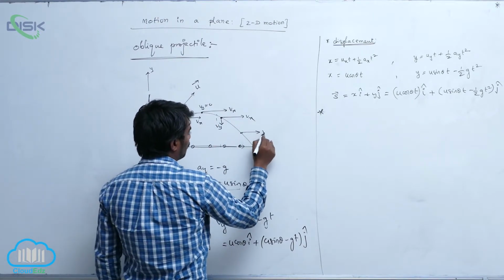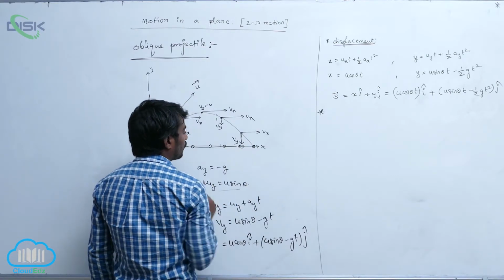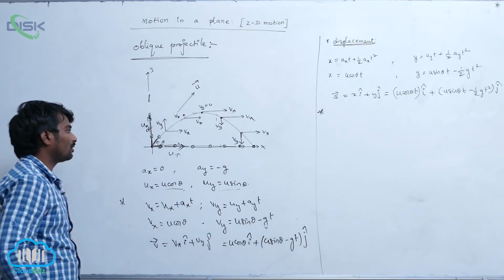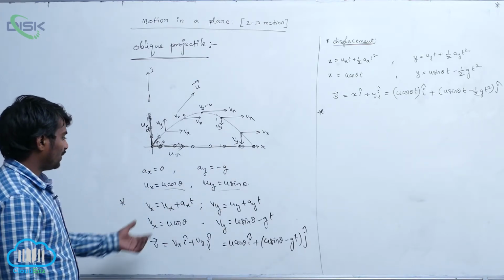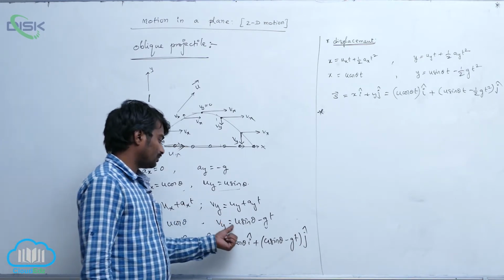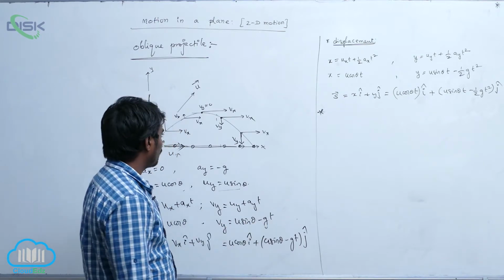Now this is Vx, this is Vy, again increased. So this is about the variation of components of velocities. Vx is constant because it is independent of time, but Vy changes with time: u sin theta minus gt.